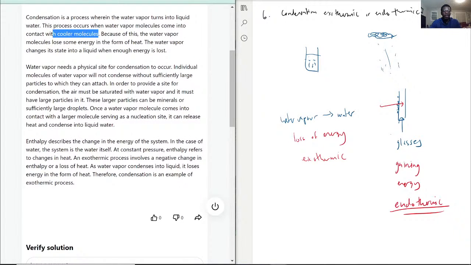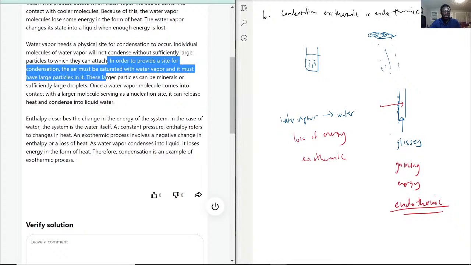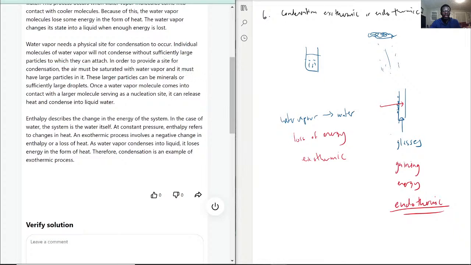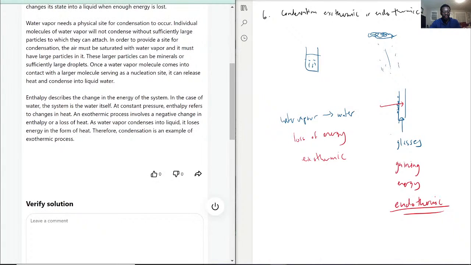Water vapor changes to liquid when energy is lost. Correct. Water vapor needs a physical site for condensation to occur. So you need a site of condensation, which is glasses, the atmosphere, etc. And once water vapor comes in contact with it, it can release heat and condense into water. Enthalpy refers to changes in heat.